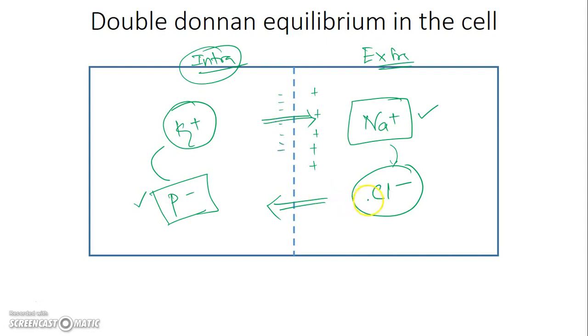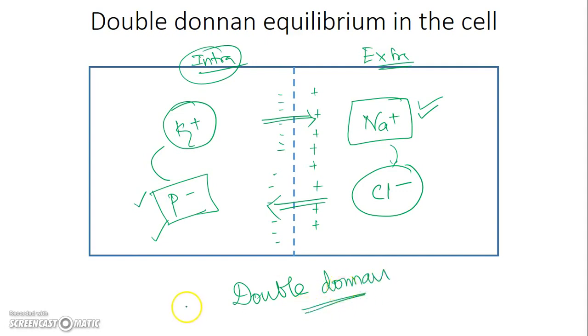The same effect with chloride ion moving inside is going to create a positivity on this side and induce a negativity here, because chloride is a negative ion. So this is sometimes referred to as the double Donnan effect. That is, impermeable ions are present on both sides of the membrane and contribute to the generation of membrane potential.